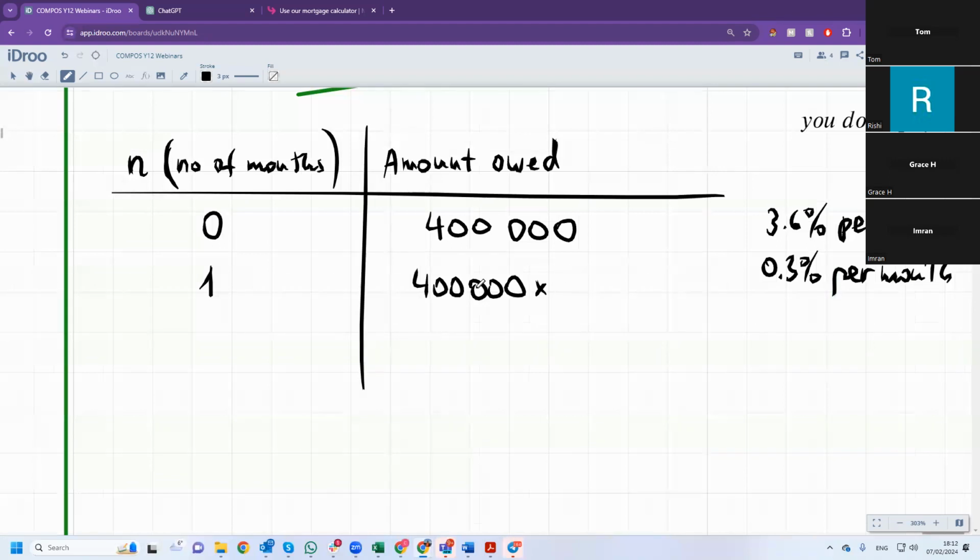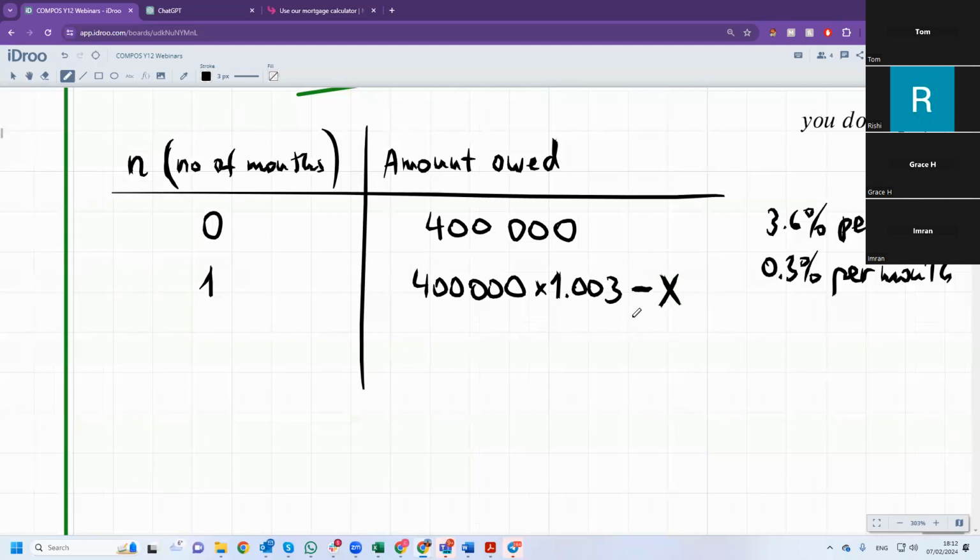So it's going to be 400,000 multiplied by 1.003, and then immediately you make a payment. So once interest has been added to your money, you make a payment of, well, X, because X is the size of your monthly payment.